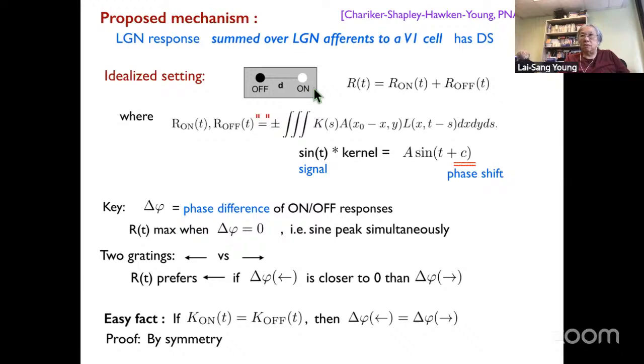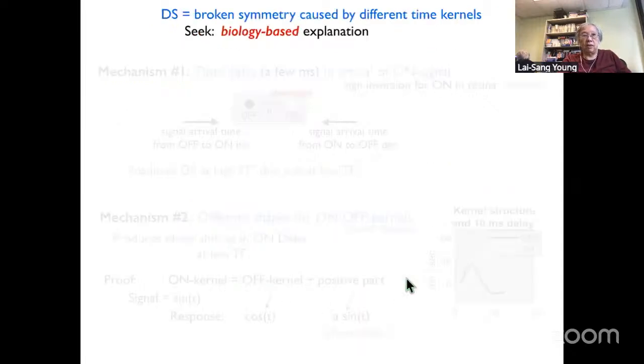So it's very easy to check. By symmetry, if the two kernels are the same, then there can be no directional preference. To sum up, what I've just said is that direction selectivity comes from the broken symmetry caused by different time kernels for the on and off cells.